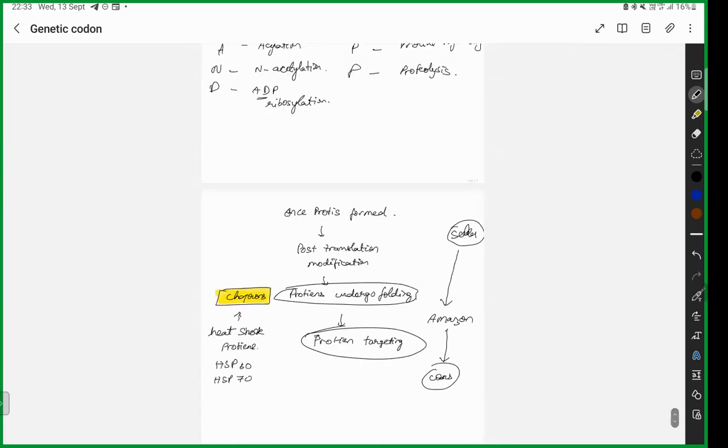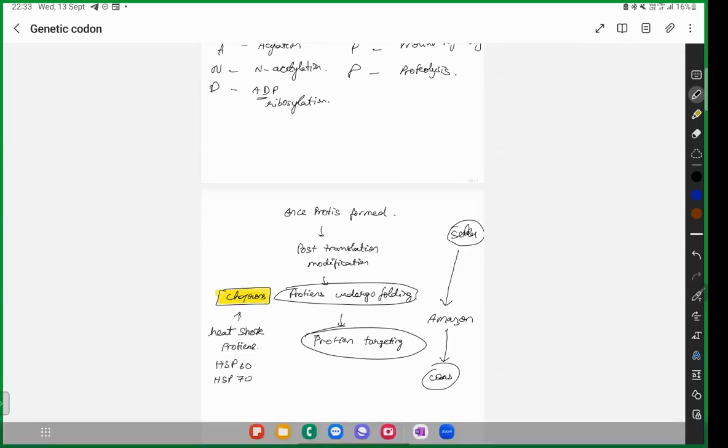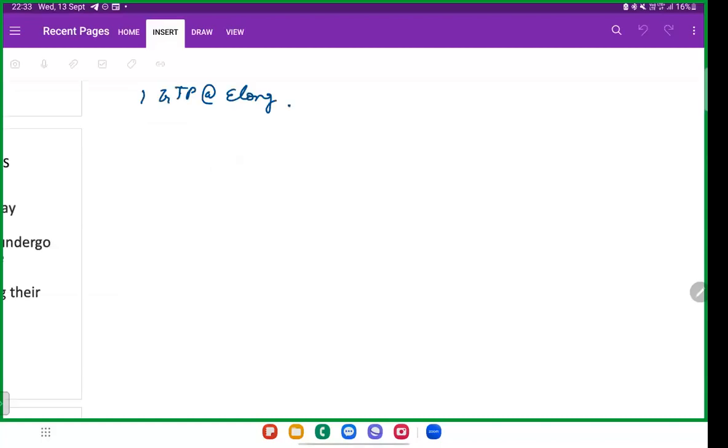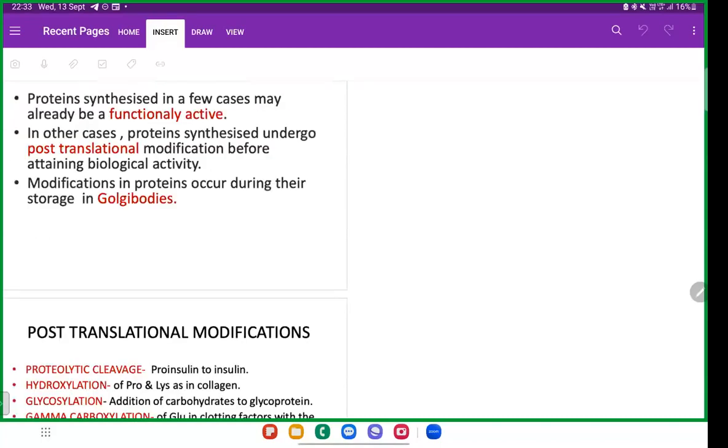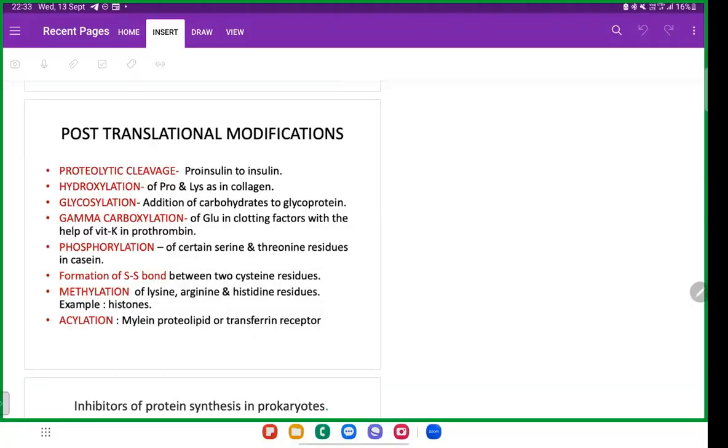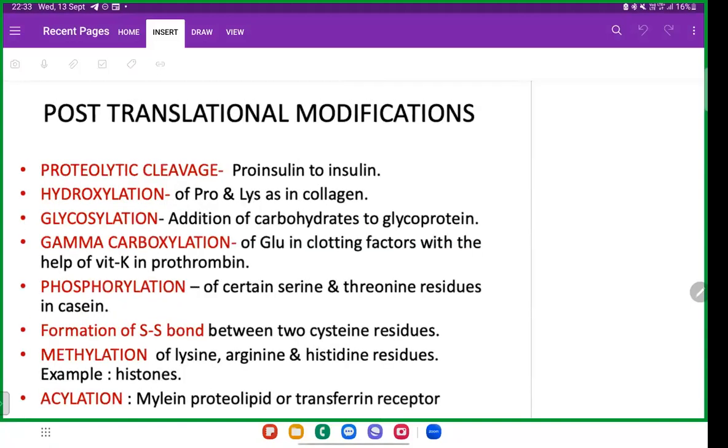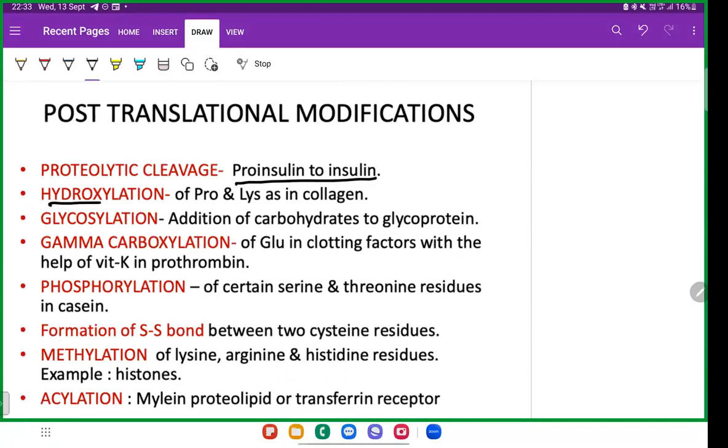Unfortunately, this process can be inhibited at certain points. These factors can be inhibited at certain points. They have given you some examples. Proteolysis: proinsulin to insulin. Hydroxylation: proline and lysine in collagen. Glycosylation: carbohydrate addition to form glycoprotein.